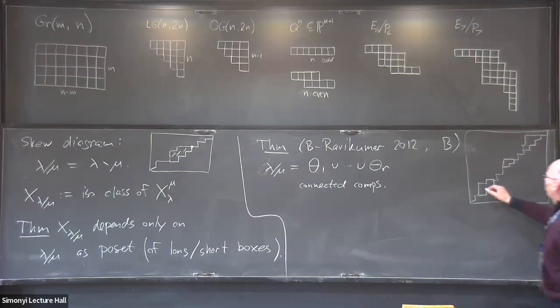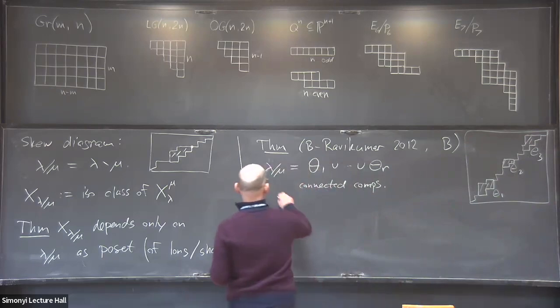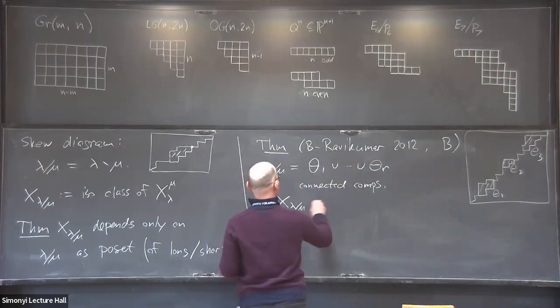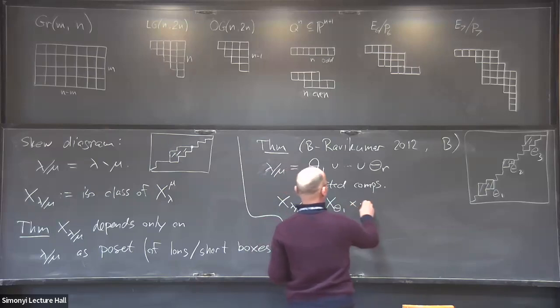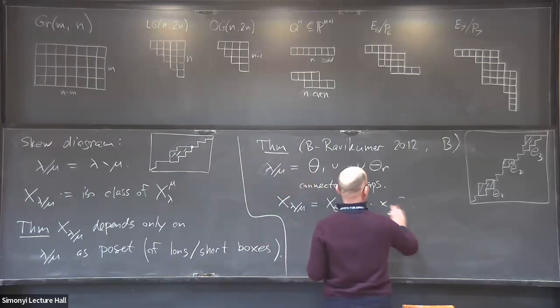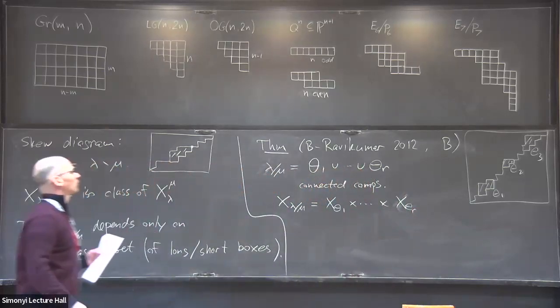Here we have theta 1, theta 2, and theta 3. Well, then the Richardson variety for this skew diagram factors as a product given by all the skew shapes of the components.